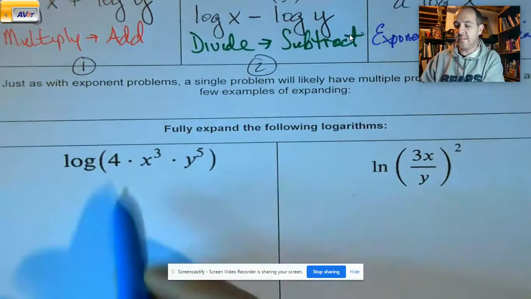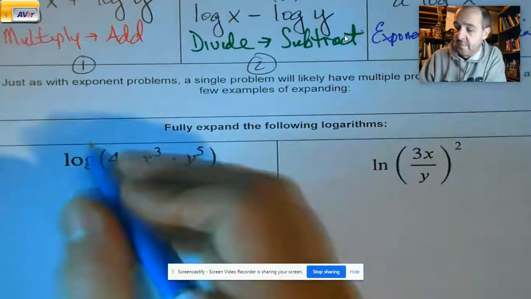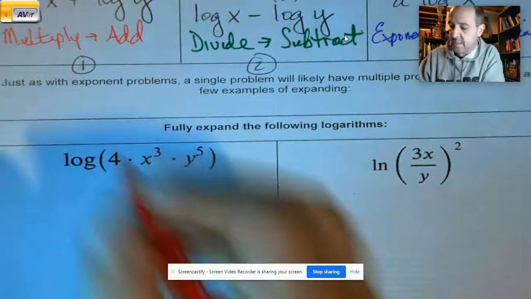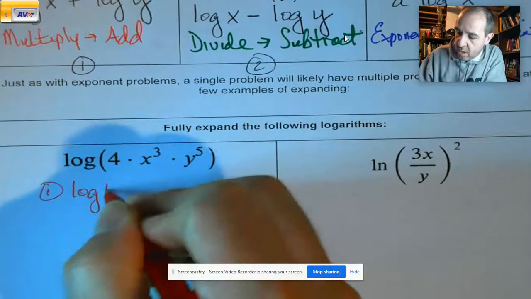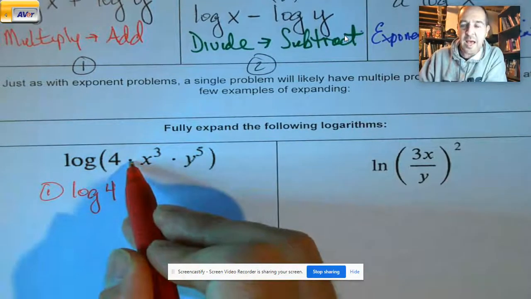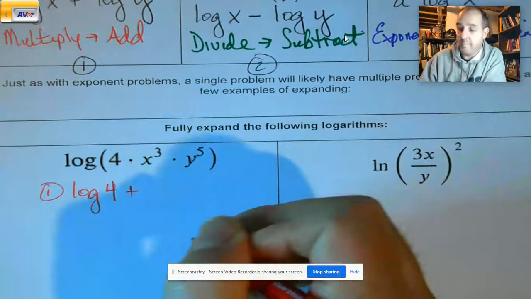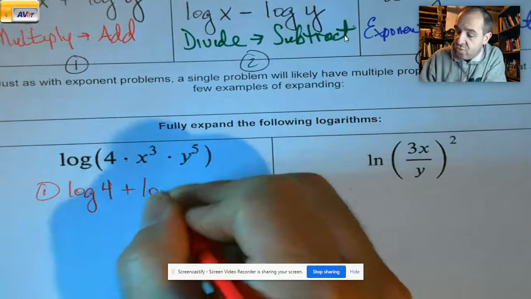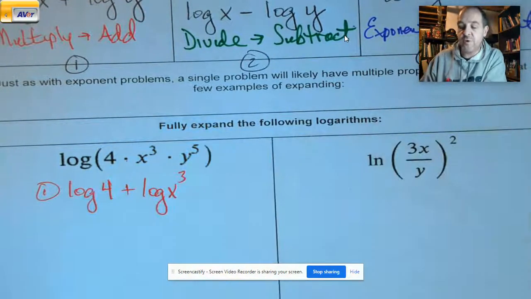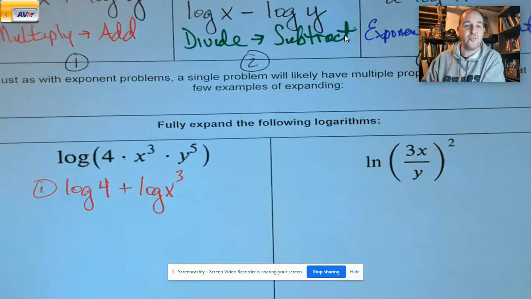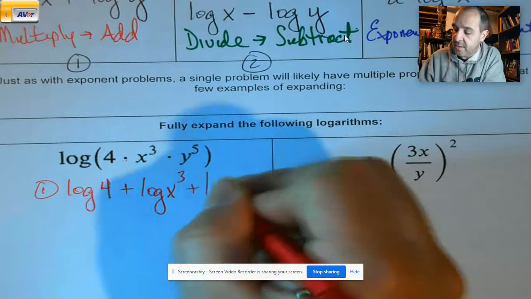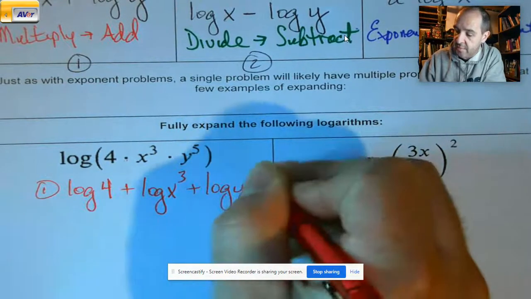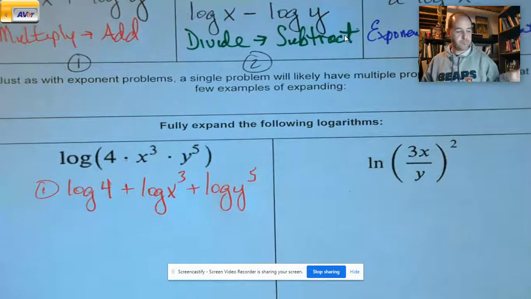I notice there's multiply here, so I'm going to do that first. So we're going to have log of 4. Whenever you see the multiply, that's going to become plus. And we're going to start a new log with that one. So we have to keep putting the log in with each one. You can't just write log 4 plus x^3 plus y^5. You literally are giving each one of them their own logarithm. There is no subtraction.